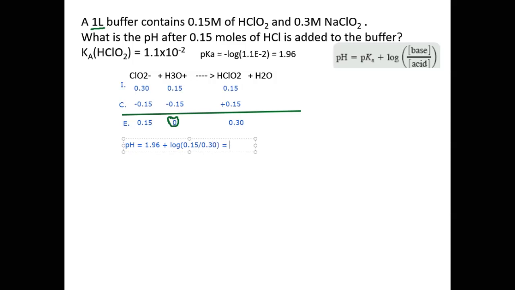And since the concentration of weak acid is greater than the concentration of weak base, our pH will be less than the pKa. And we get 1.66. And that's the pH of this buffer. Again, strong acid reacts with the weak base.